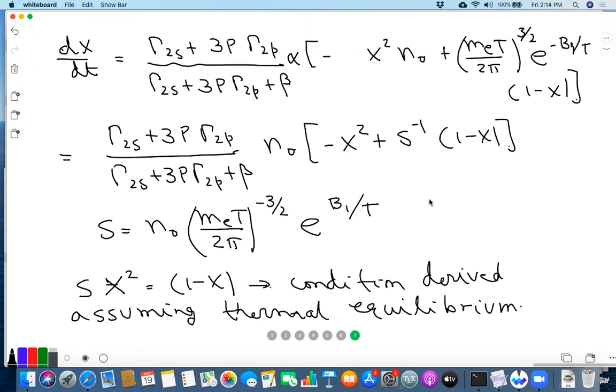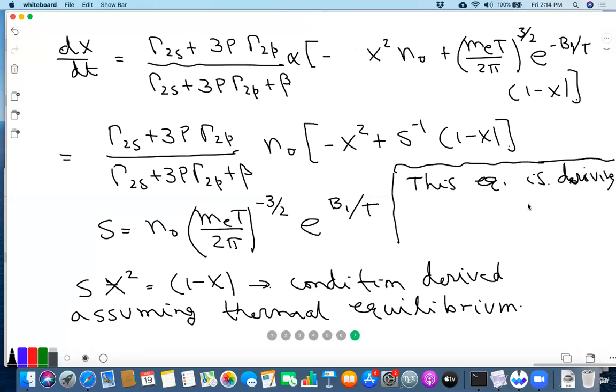So effectively, this equation is driving x towards thermal equilibrium, towards the equilibrium value.